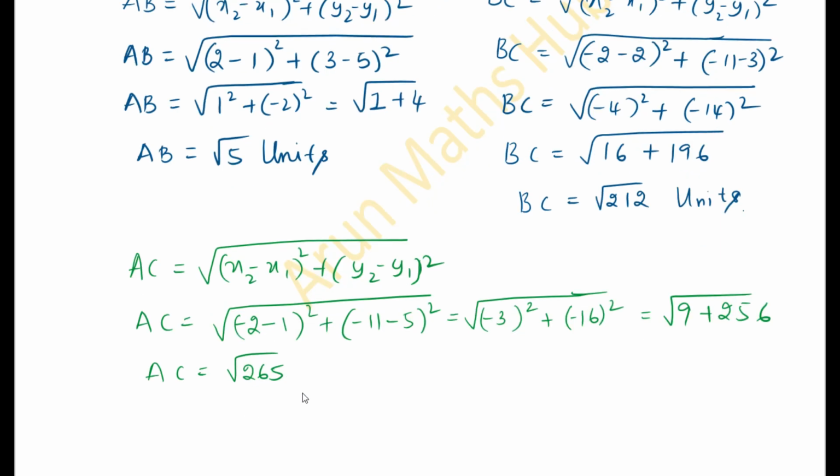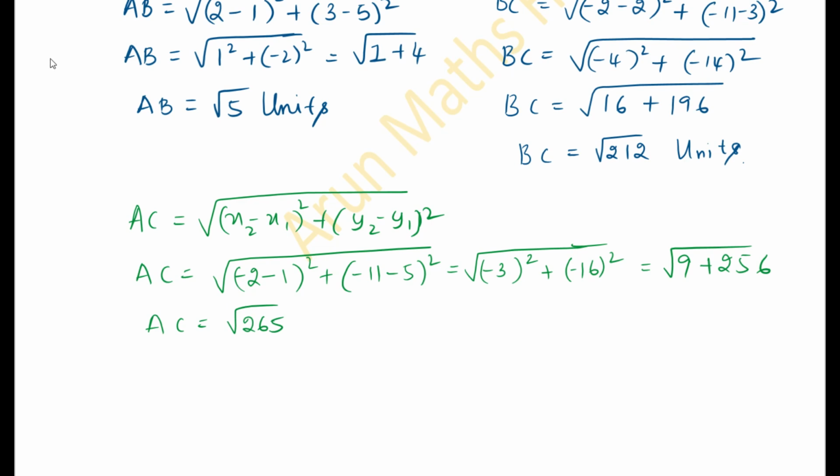Now check whether the length AC is equal to AB plus BC. Substitute: AC is square root of 265, which is equal to AB, root 5, plus square root of 212.